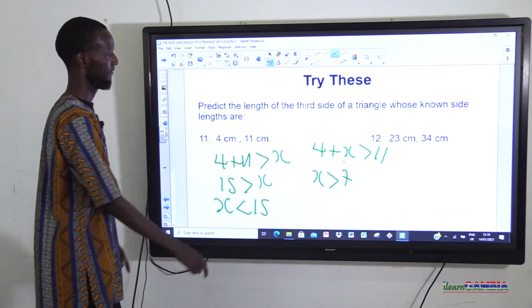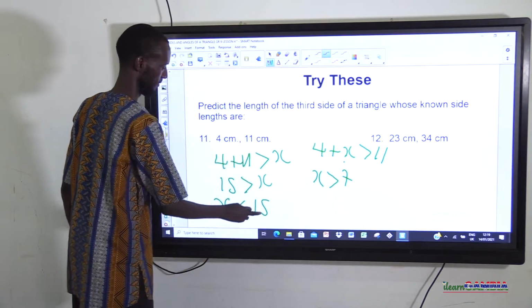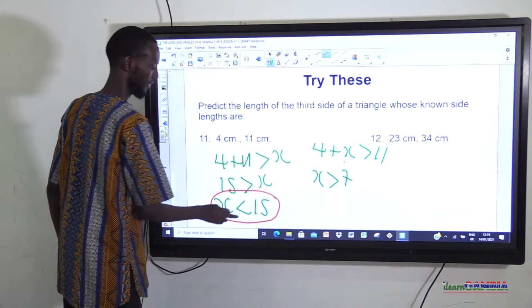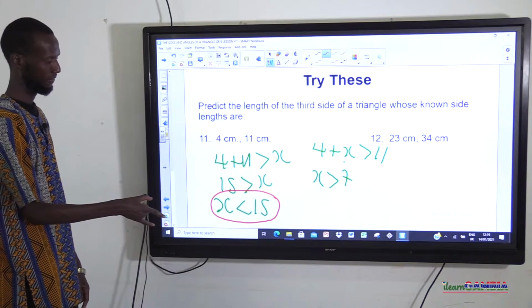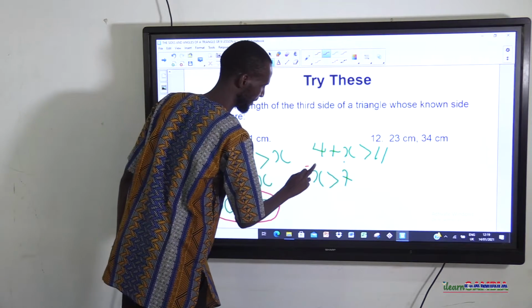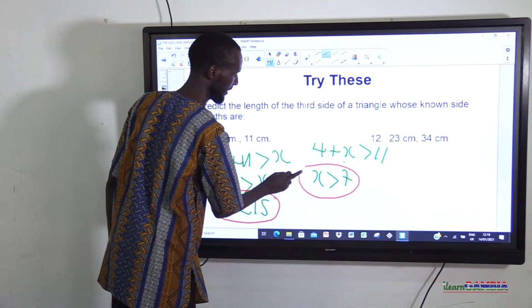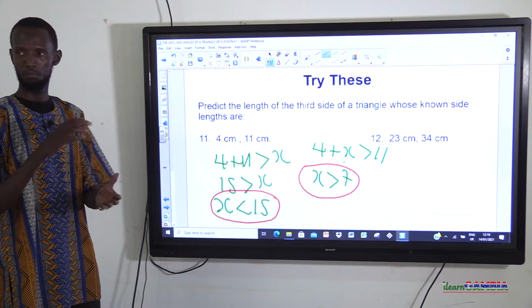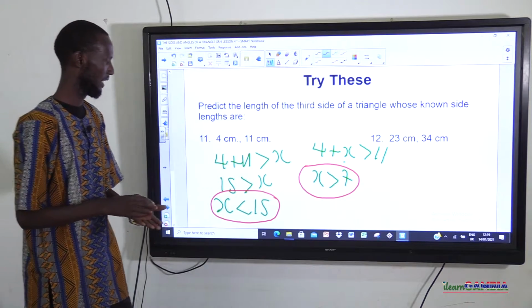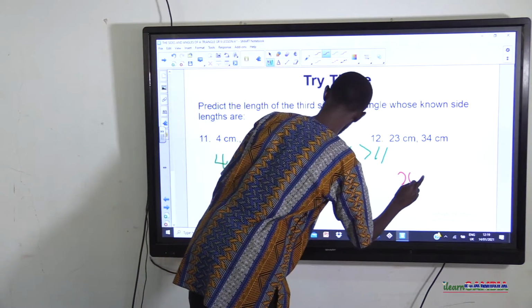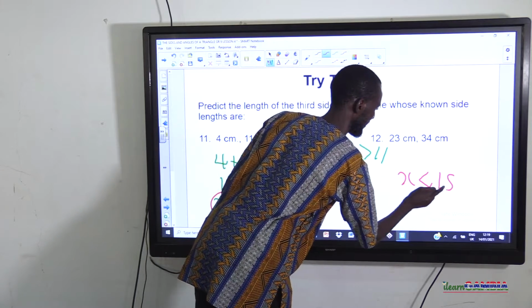So then we have this first condition here. Our third side has to be less than 15. The same third side has to be greater than 7. Now you put these two together, you will have third side x less than 15.